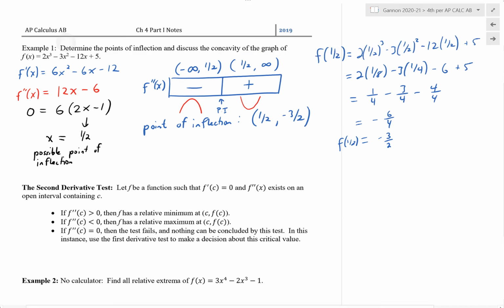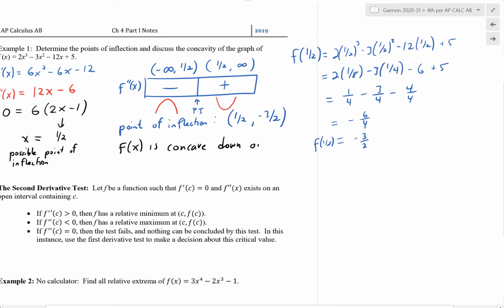So we can formalize that and say f of x is concave down on the interval negative infinity to 1/2. And if you wanted to give an explanation, we could say because f double prime of x is less than 0 on that interval.